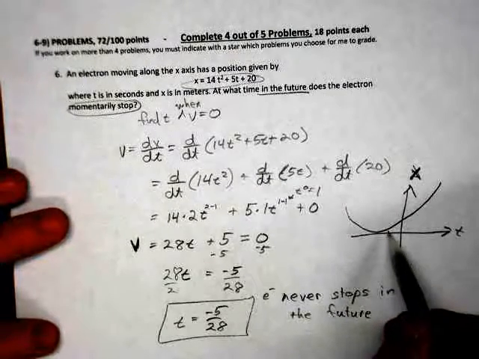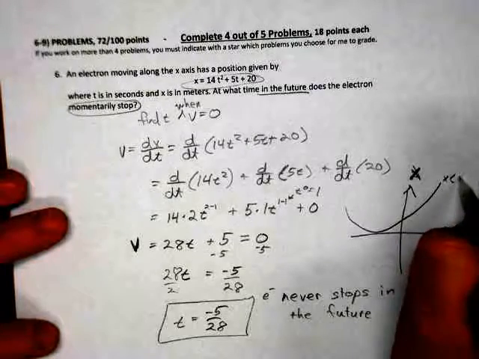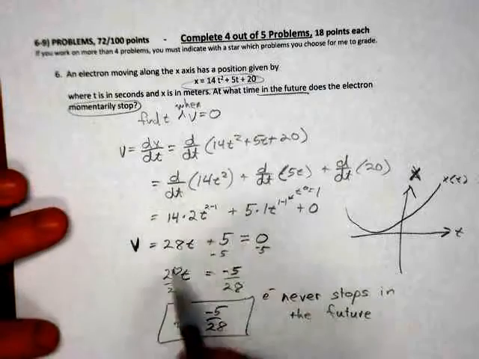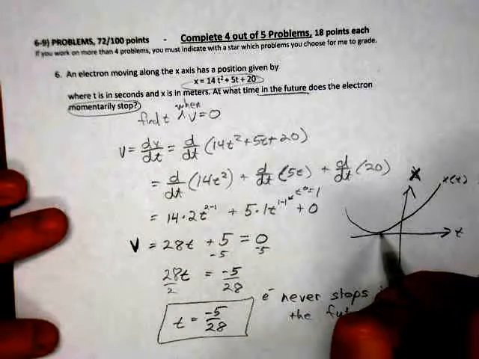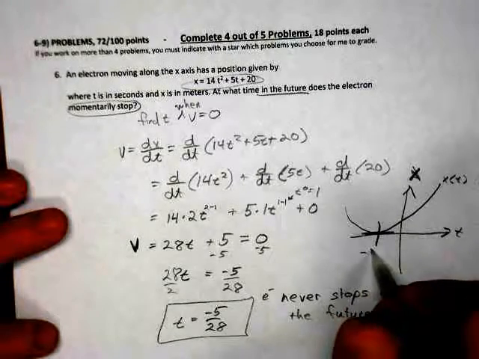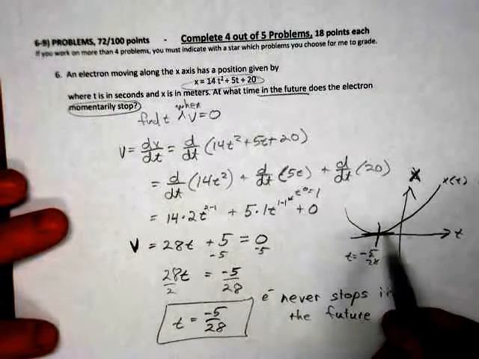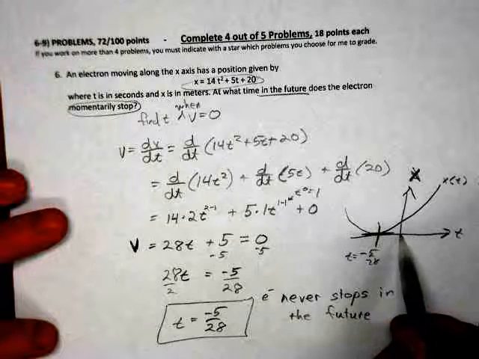This is just some function. Go with me on that. So this is the function x of t. At what time does its velocity equal 0? Well, we found the derivative, which is going to give the slope at any point in time. So at some point, the slope is down here at negative 5 over 28. So the velocity is 0 some point before the origin.